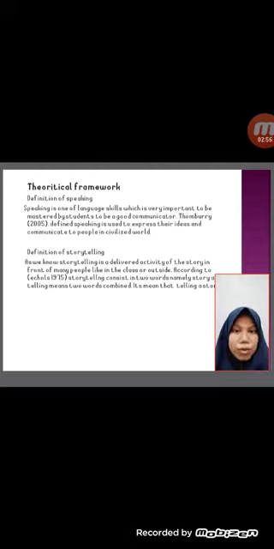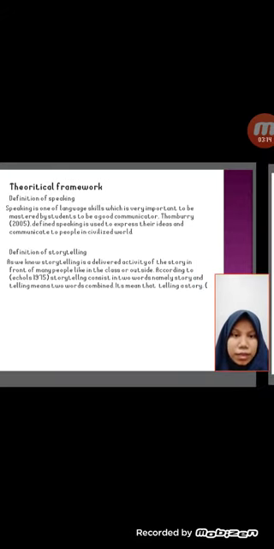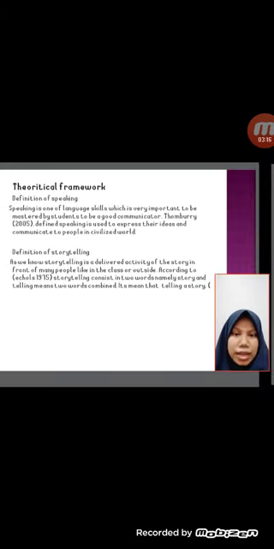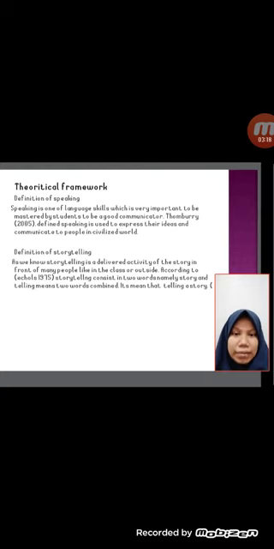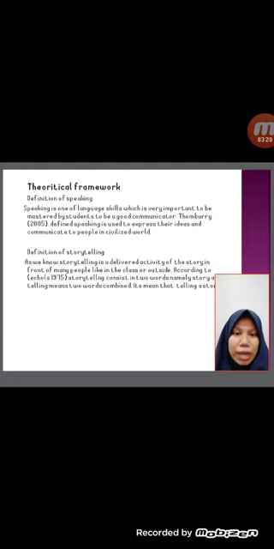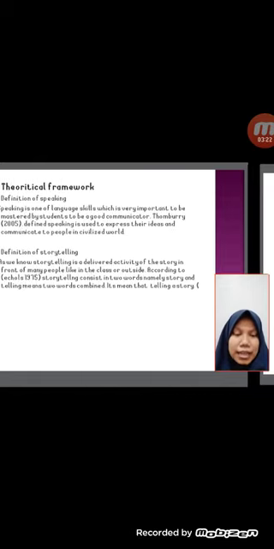As we know, storytelling is the deliberate activity of telling a story in front of many people, like in the class or outside. According to Eccles, storytelling consists of two words, namely story and telling. The two words combined mean telling a story.